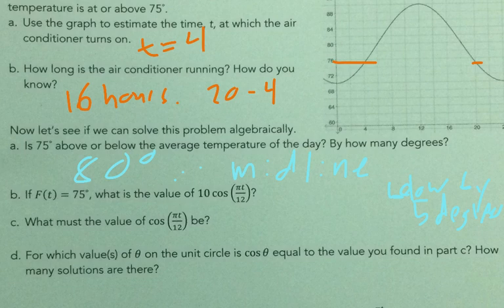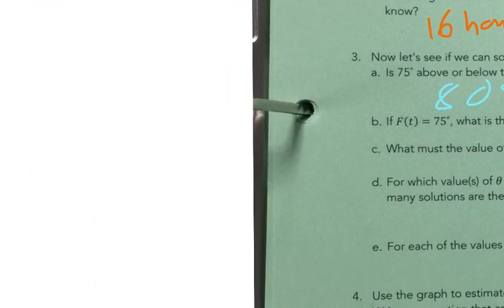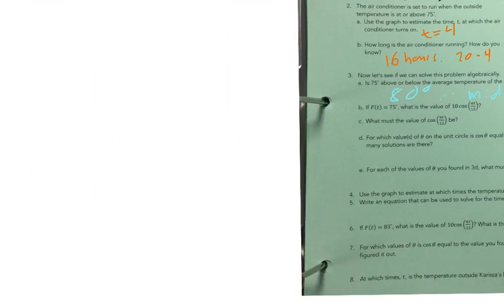Okay, if I look at B, I'm going to have to work it over here. I don't have enough room. 75 equals 10 cosine. No, I'm an idiot.